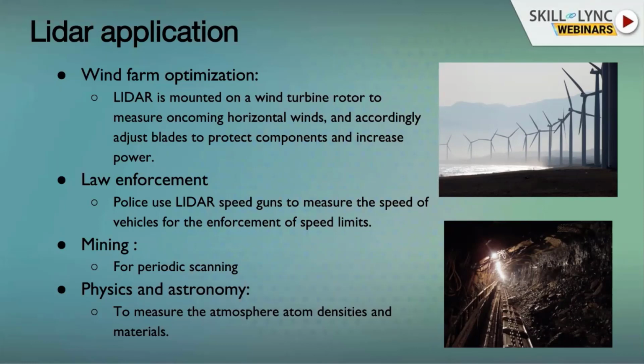They target that laser gun towards the vehicle, and the laser pulse goes, hits the vehicle and comes back, and it can give the velocity of the vehicle and the distance. So that is helpful for law enforcement, that application.